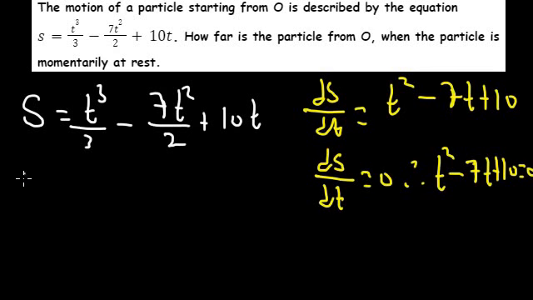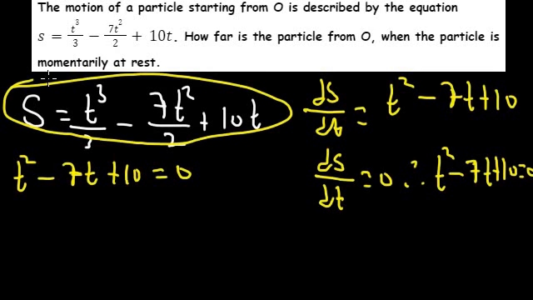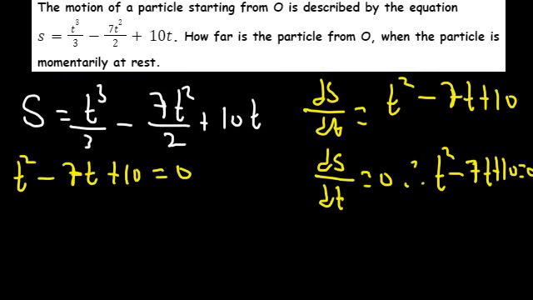So now, as you can see, we have a quadratic equation with variable t. So the goal is to find the value of t when the particle is momentarily at rest. Having gotten the value of t, since we have the displacement function, we can use that to find the displacement when the particle is momentarily at rest. So that's also what we're trying to do.